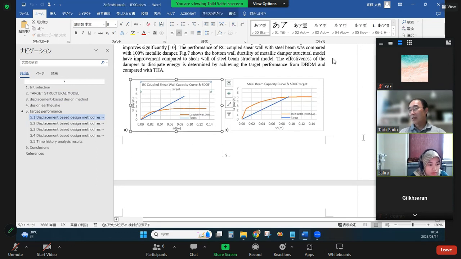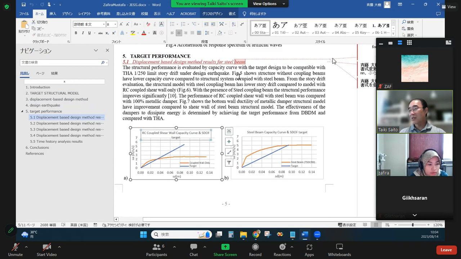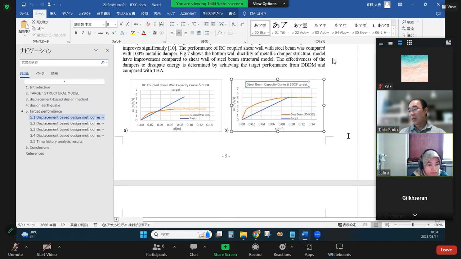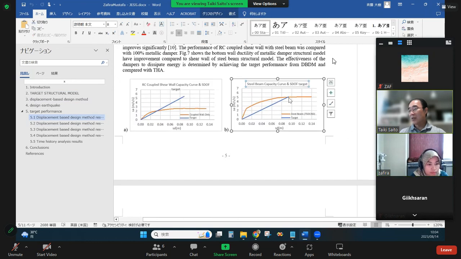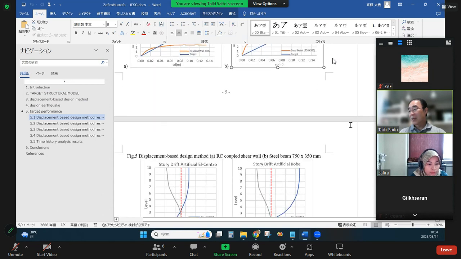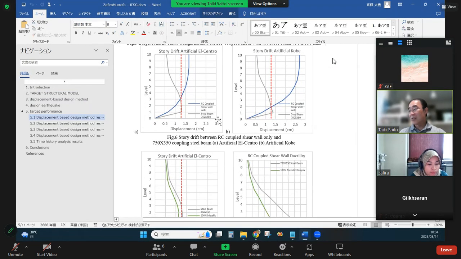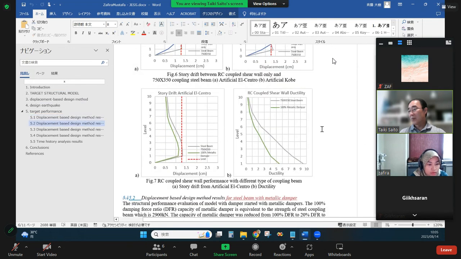You can start directly from the steel beam. You design the steel beam to satisfy the 1/250 design criteria. Then this is a result of story drift.